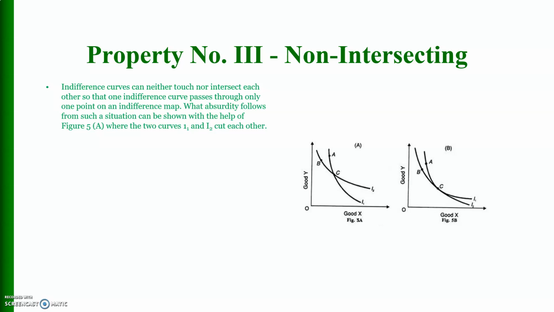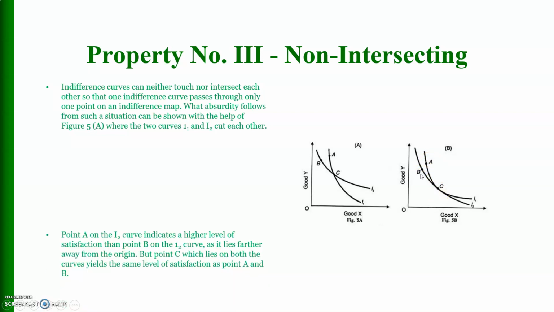For example, in panel A, C is equal to A as well as C is equal to B, where A has much higher utility than B. So it is not possible that C is equal to A and at the same time also equal to B. Similarly, in this diagram, the I1 touches the I2 indifference curve, and again C represents two different levels of satisfaction. One is equal to A and the other is equal to B, and that is not possible.